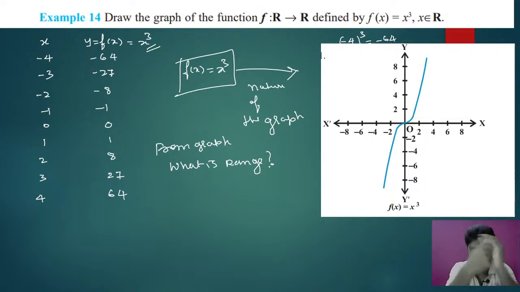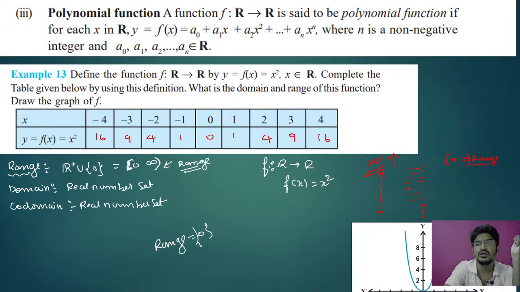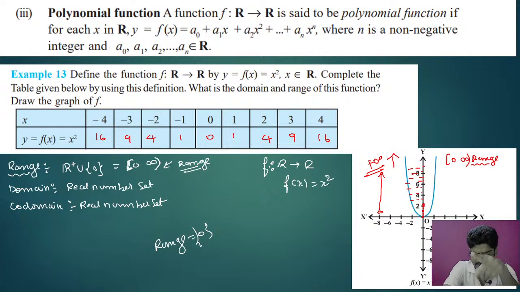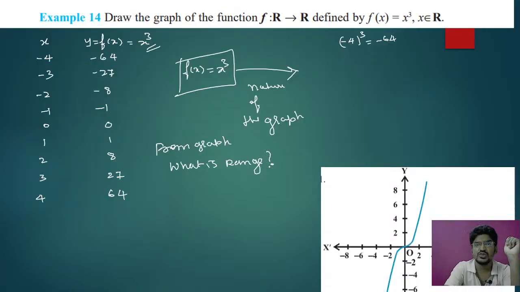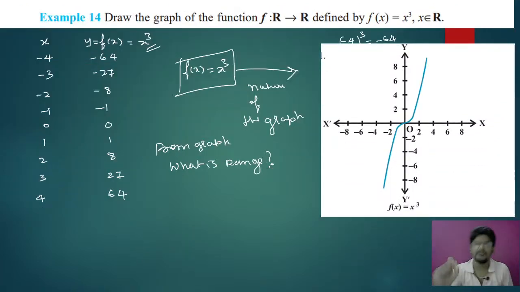I will see how many of you can tell it, because in the previous graph I have explained how to identify the range. So now please identify the range and tell me. Quickly you can identify and tell me the range, no problem.